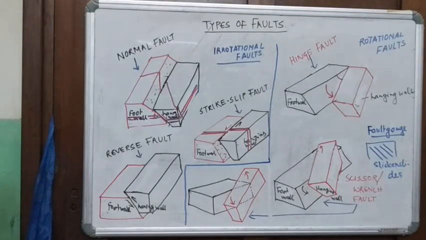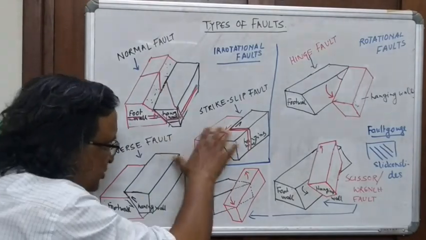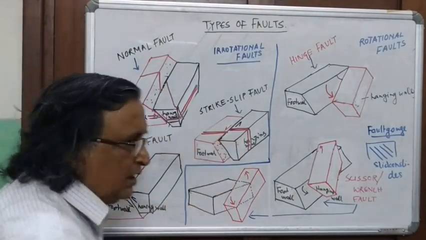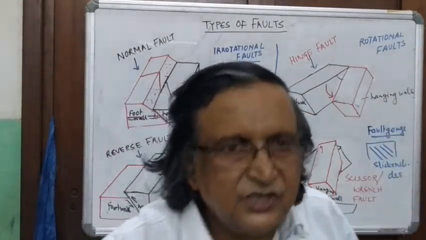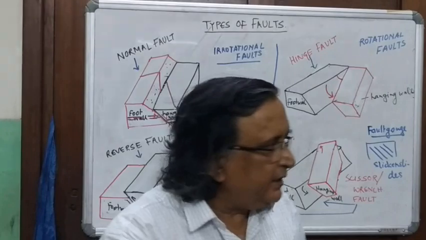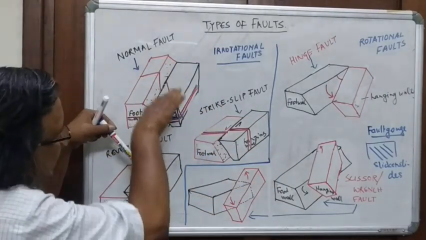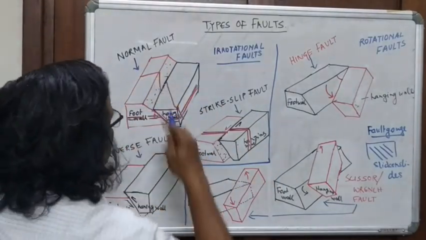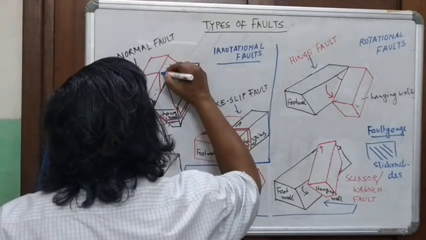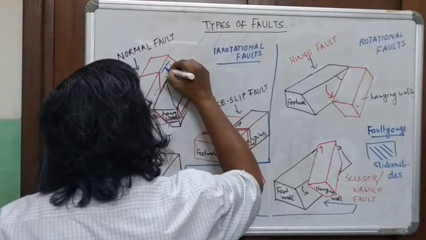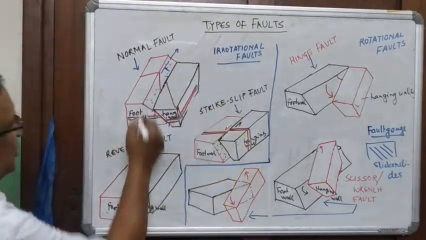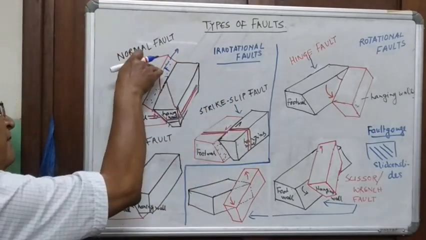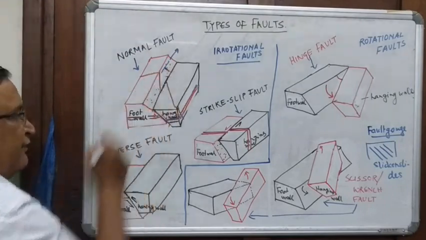Now for the irrotational fault, as I told you, the structures on the hanging wall and the footwall don't change at all. The orientations are the same. Only the movement differs. If you see the fault plane, this is the direction of the dip, and this is the direction of the strike. This is the strike and dip of the fault plane.